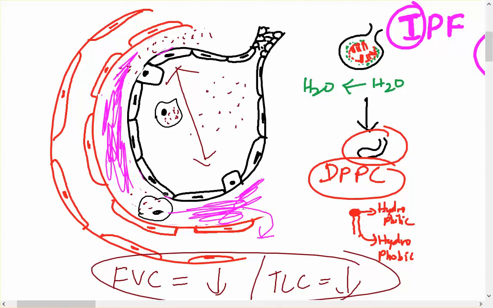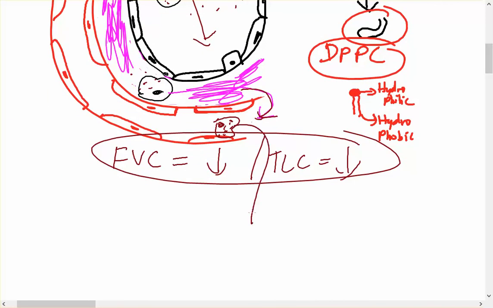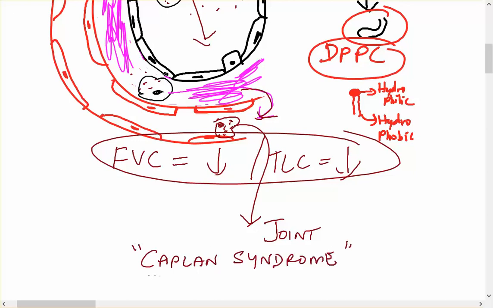If this goes to the circulation, fully loaded with coal, and then they go to the joint, this condition is called Kaplan syndrome. Understand?